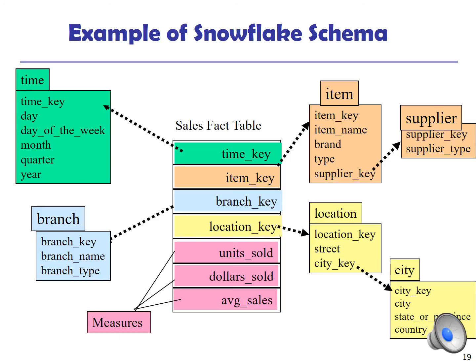So snowflake schema is nothing but somewhat of an expansion of your star schema. It gives you an expanded view, which is a little more expanded than the regular star schema.